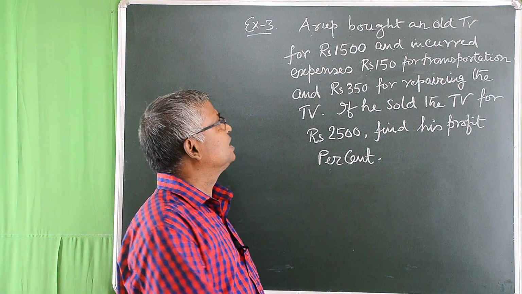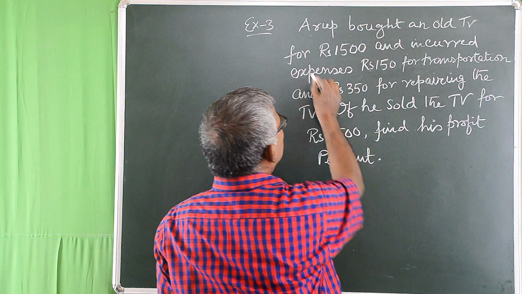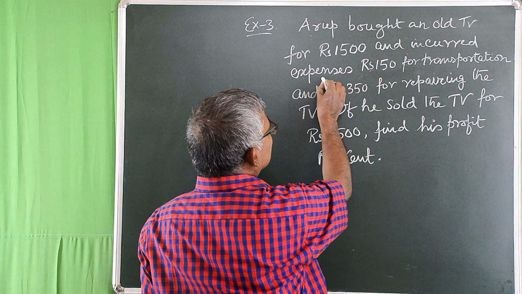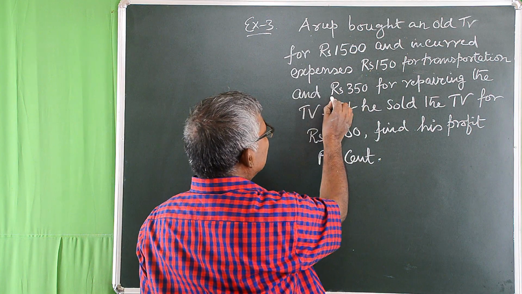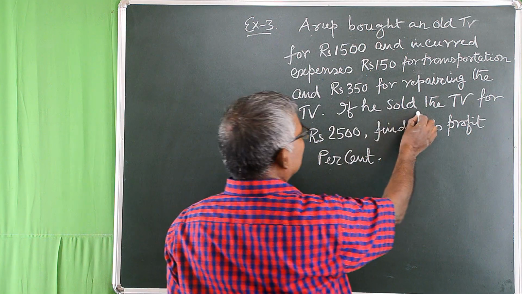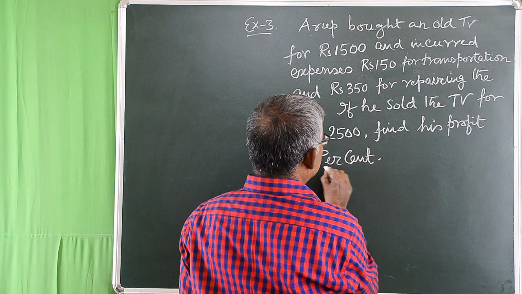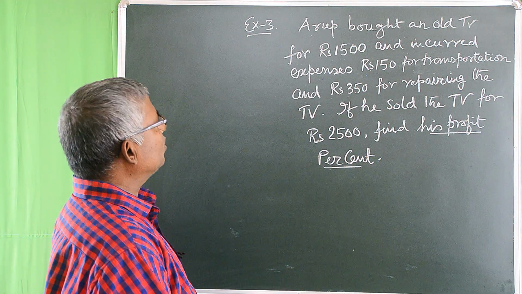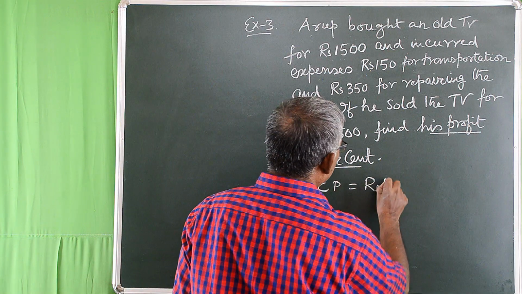Students, let us consider the third problem. Arup bought an old TV for rupees 1500 and incurred expenses rupees 150 for transportation and rupees 350 for repairing the TV. If he sold the TV for rupees 2500, find his profit percent. Students, here cost price of the old TV equal to rupees 1500.